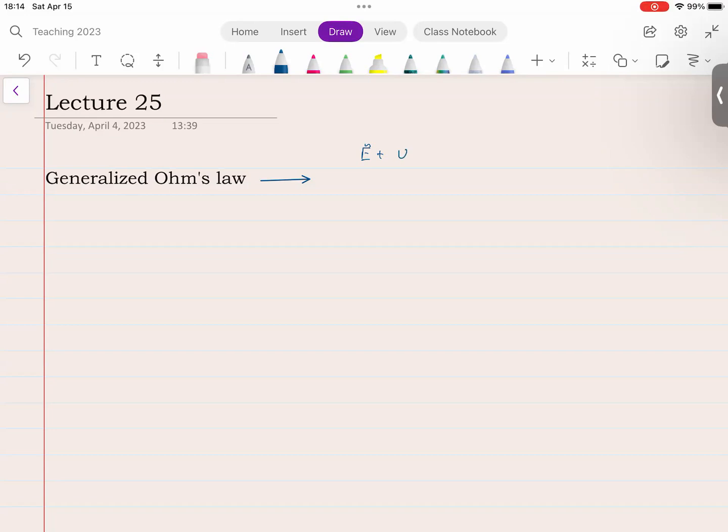So I'm going to use U to stick with the notation in our textbook. So again, that's the ideal case, or E plus U cross B is equal to eta times J, where eta is going to be the resistivity of the plasma.